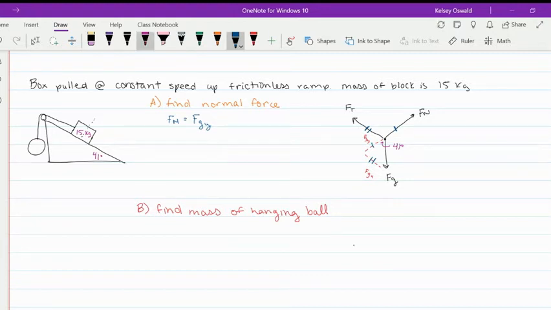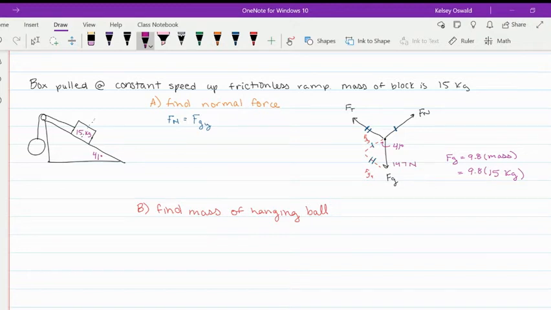Before we can find the Y component of gravity, we need to find our overall force of gravity. We know our equation for force of gravity is 9.8 times our mass. The problem tells us that our box has a mass of 15 kilograms. So just do 9.8 times 15, and we'll find that our force of gravity here is 147 newtons down.